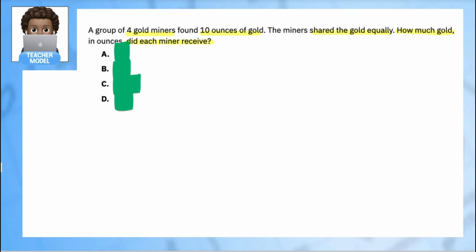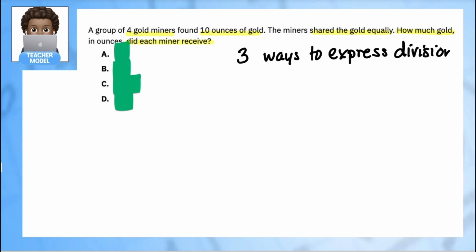So I want to start by just thinking about the 3 different ways I can show division. All right, the first way is just our traditional division way. So think for a minute, what is being divided?